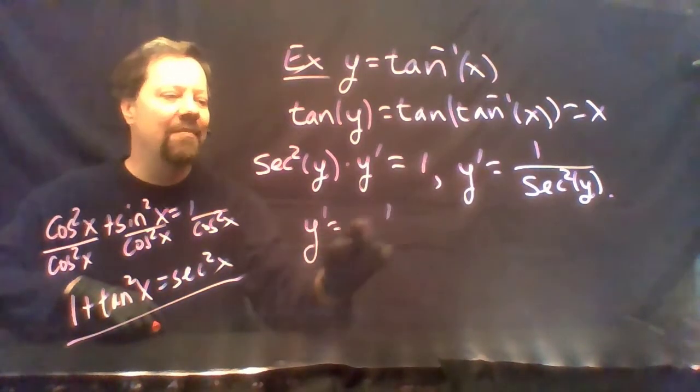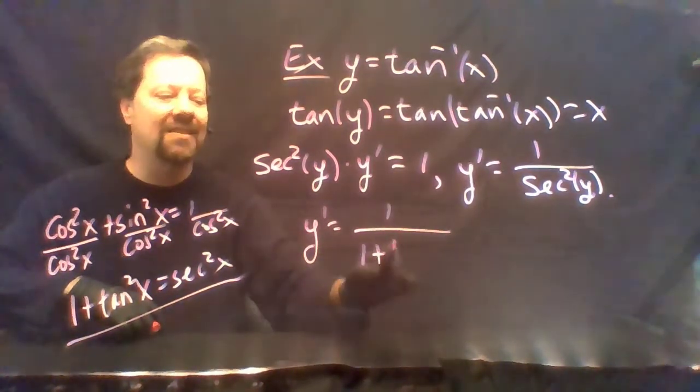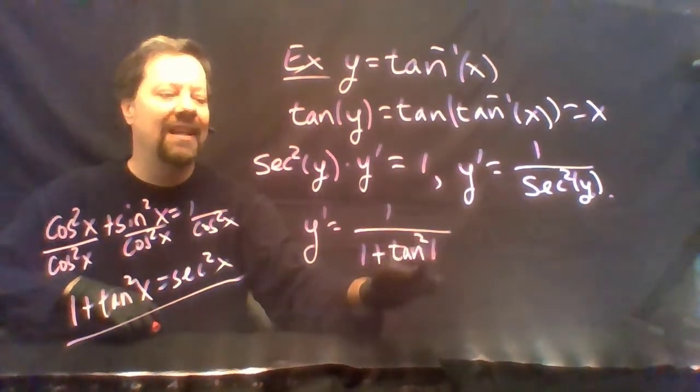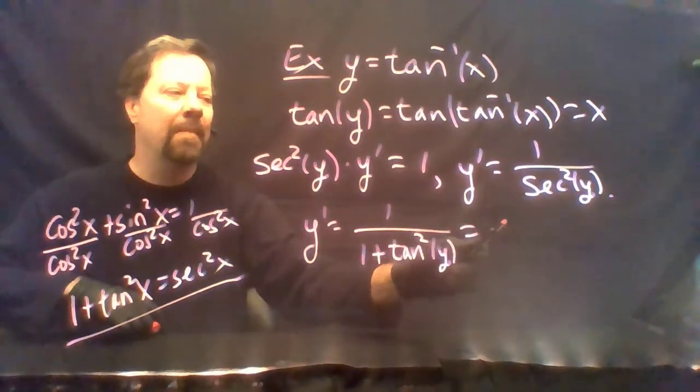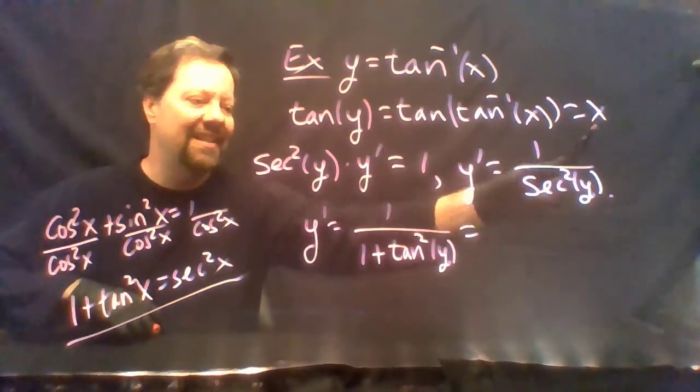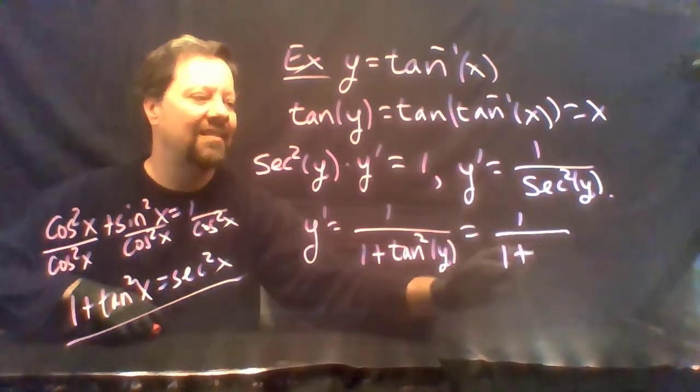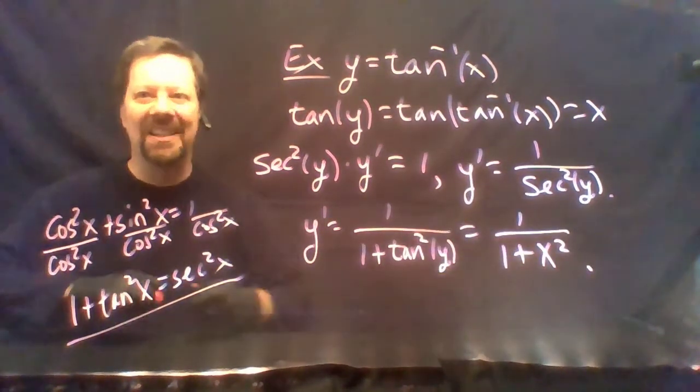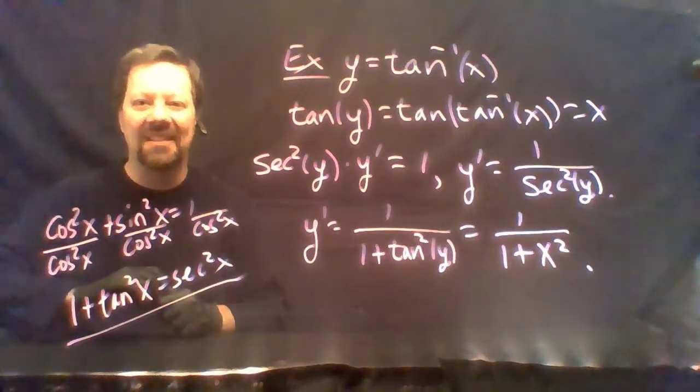So y prime is 1 over 1 plus tangent squared of y. But remember, tangent of y is x. So we get 1 over 1 plus x squared.